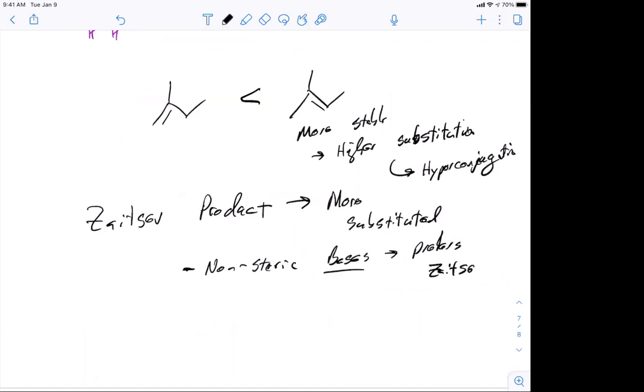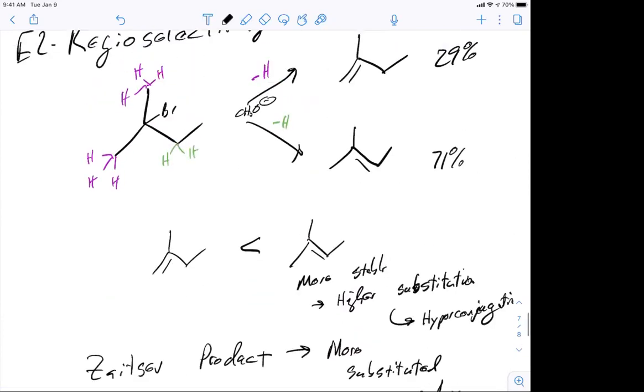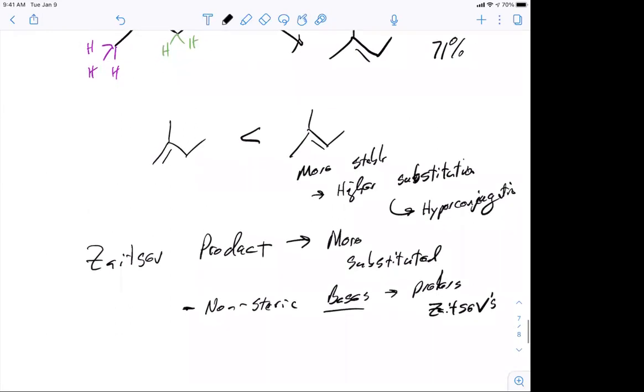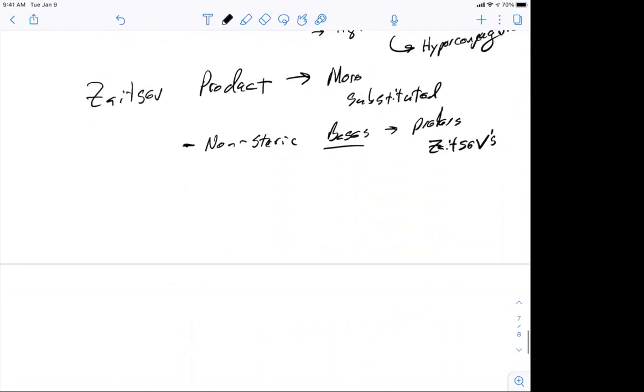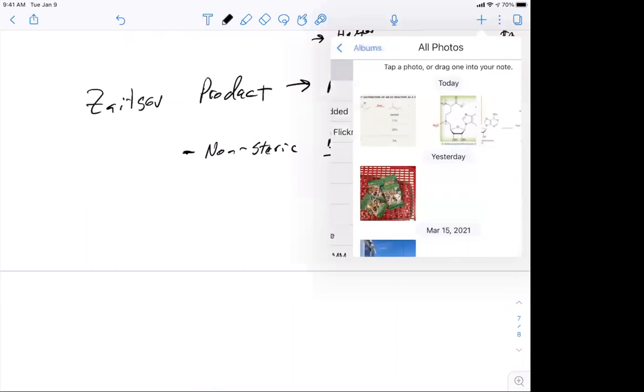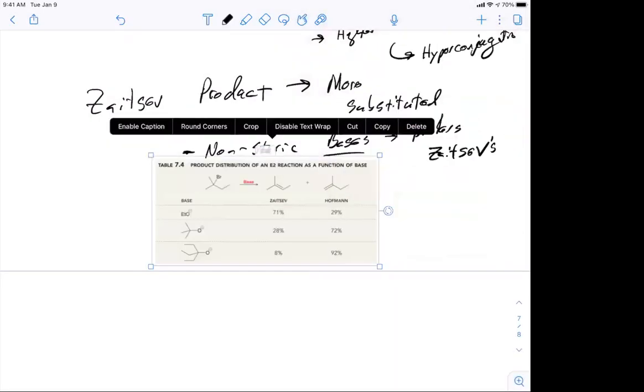Sorry, I'm jumping ahead. CHEM3053. Okay, so this is often referred to as CHEM3053's rule. And when we deal with non-steric bases, CHEM3053. That is correct. We get CHEM3053's rule.